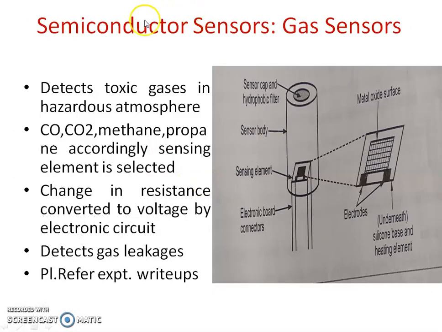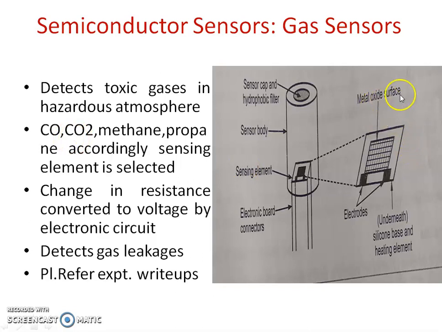So the next sensor, semiconductor sensor, which is nothing but a gas sensor. What is a gas sensor? It consists of sensor cap, hydrophobic filter, sensor body, sensing element, and electronic board for it. This electronic board is nothing but a signal conditioning network. The signal will be amplified and processed further. This sensing element varies as per the chemical or gas that you want to detect.